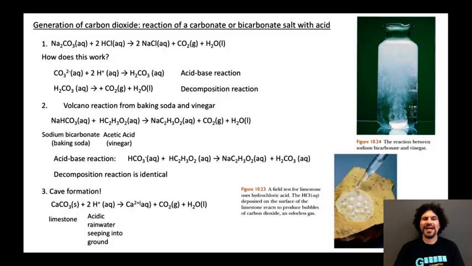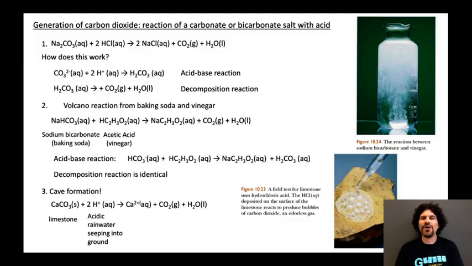Okay, one last example, and that's the chemistry that's actually involved in cave formation. So you know that caves are open spaces that exist underground in the middle of what was once solid rock. In order to form caves, the rock has to be limestone, and limestone has the chemical formula calcium carbonate.